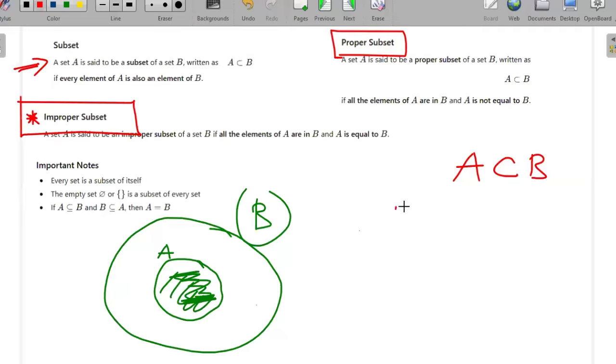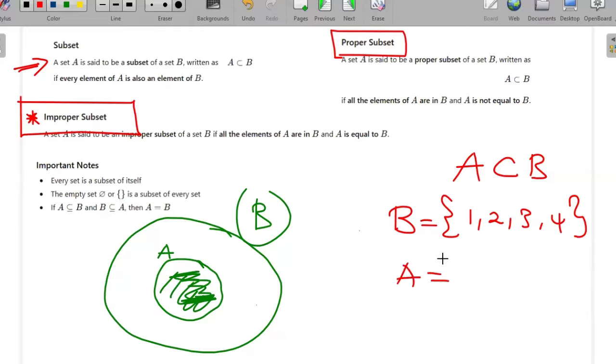So let's say B is the set that contains 1, 2, 3, and 4. If A is a proper subset of B, then it means A should not be equal to the set B. So A might contain maybe 1 and 2. That's all.